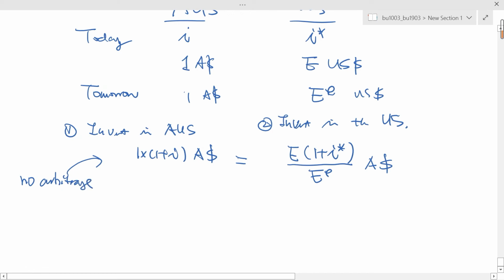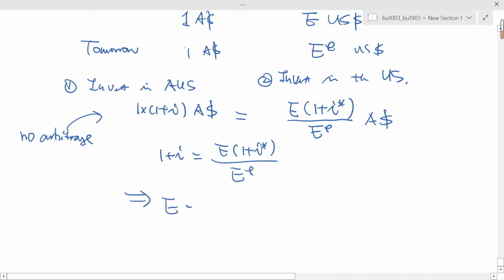So in the end, there's no opportunity for arbitrage, which means the value of option 1 is equal to the value of option 2, or 1 plus I is equal to E times (1 plus I star) over E^e. Rearranging terms, we get E is equal to (1 plus I) over (1 plus I star) times E^e.